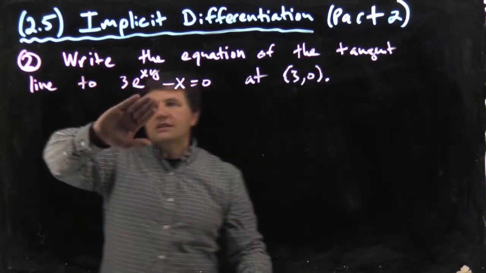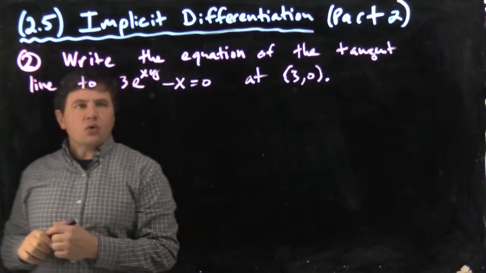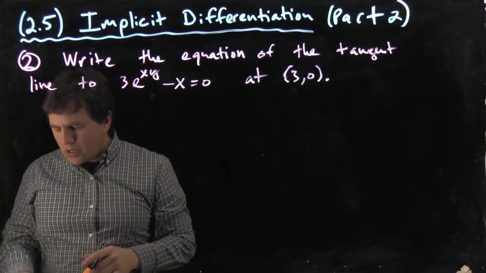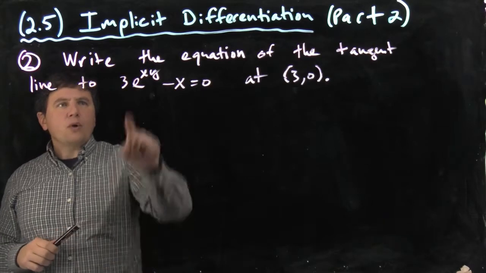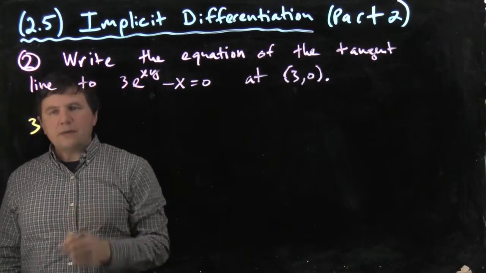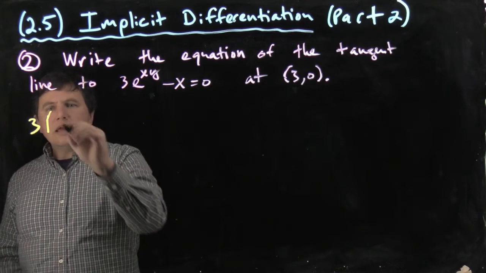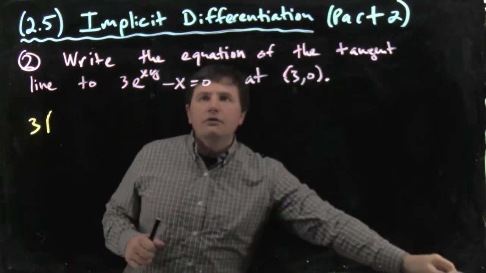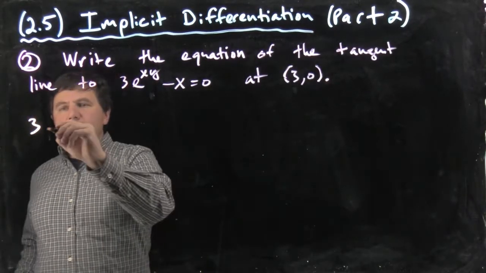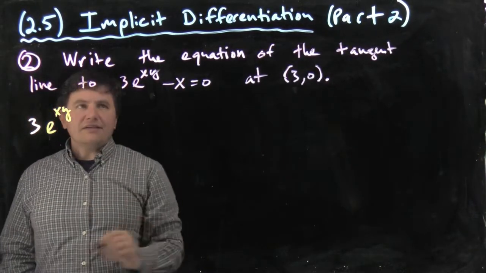Okay, so to get the slope, we are going to take the derivative of this, of course. And we're going to use implicit differentiation. The 3 out front, we can use the old constant multiple rule, keep that out front. Then the derivative of e to the blob is e to the blob, and then I've got to take the derivative of the blob.